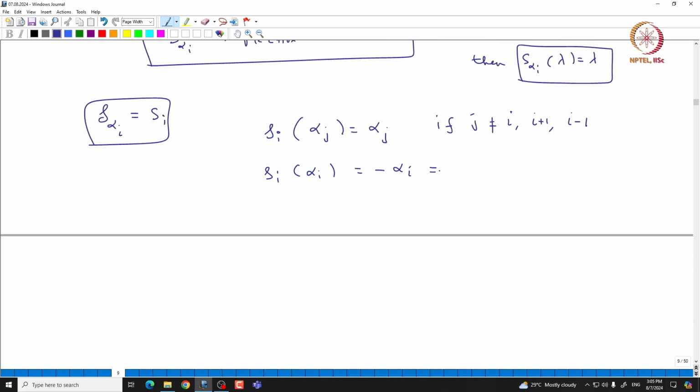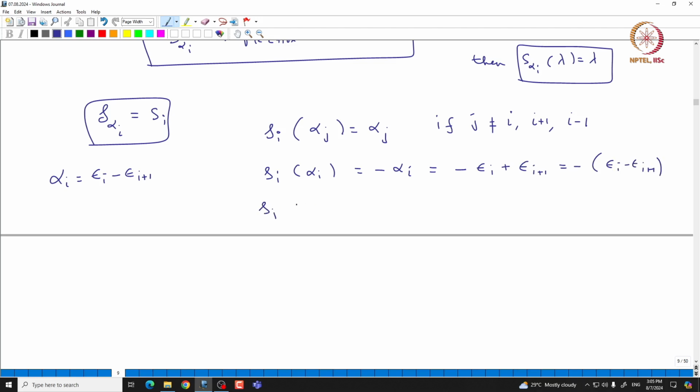So, if you write in terms of the epsilon_i basis, alpha_i is nothing but epsilon_i minus epsilon_{i+1}. Then this is going to give you minus epsilon_i plus epsilon_{i+1}. Basically this is minus of epsilon_i minus epsilon_{i+1}.